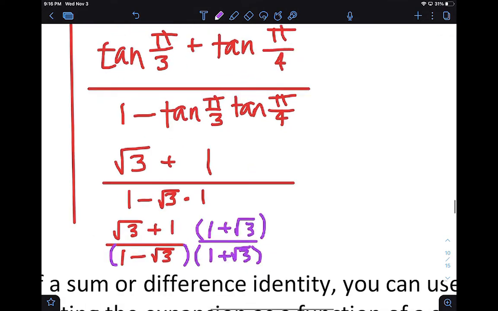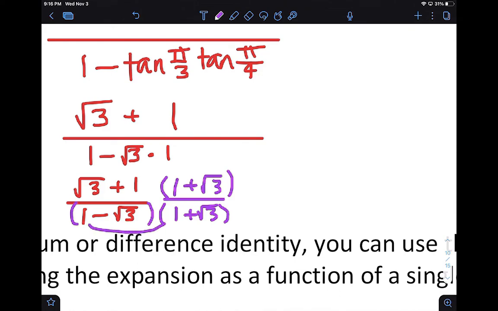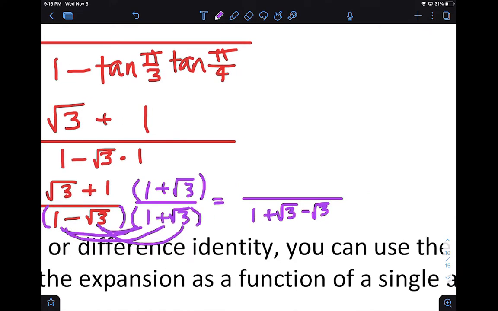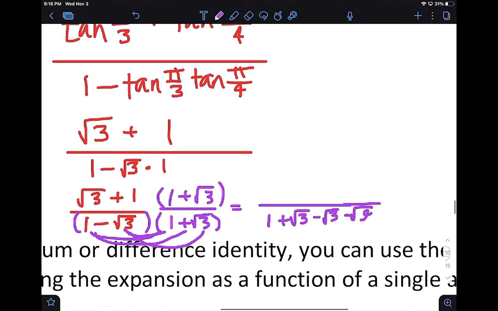Okay, and then basically you've got two FOIL problems here. 1 times 1 in the denominator, I'll do that first. So 1 times root 3 will be positive root 3. 1 times negative root 3 would be negative root 3, which we're kind of forcing to cancel out. That's why we're doing a conjugate. And then square root of 3 times negative square root of 3 is negative square root of 9, which we can say in a minute is regular 3.